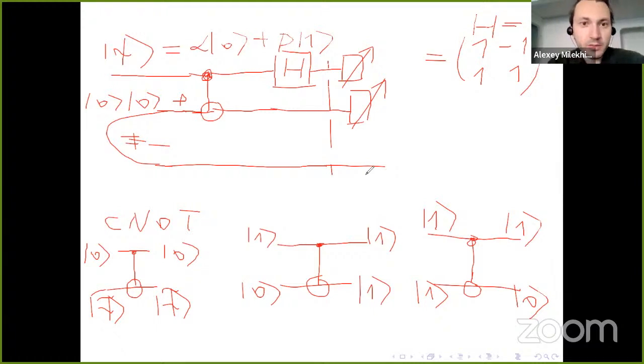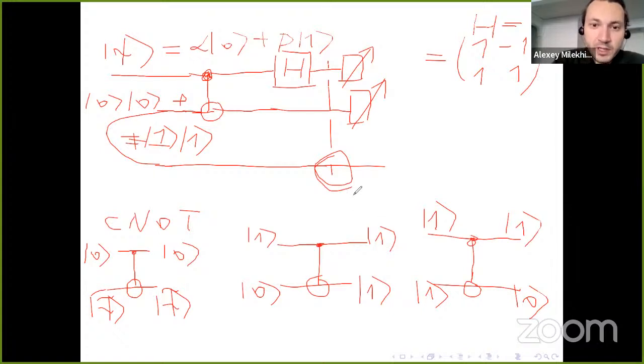Yeah, so maybe I should just leave you here that it's 0 0 plus 1 1. Because of that, when you do all these operations, you actually end up here with a state very similar to the original psi. There will just be some extra phases.